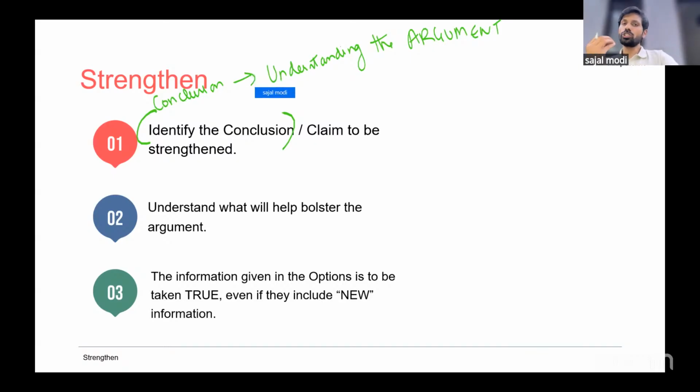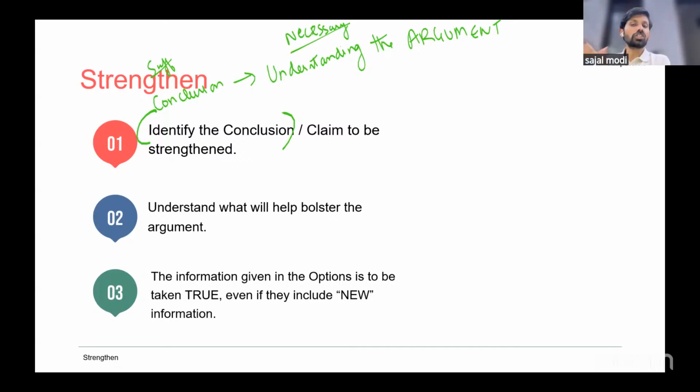If I get what the conclusion is, it is sufficient to say I've understood the argument, right? Or we can say, in order to understand what the author's exact conclusion, exact main idea, exact main point is, what is necessary? Understanding the argument, right? So this is sufficient. If I get what the conclusion is, it necessarily follows I understand what the argument is, right?